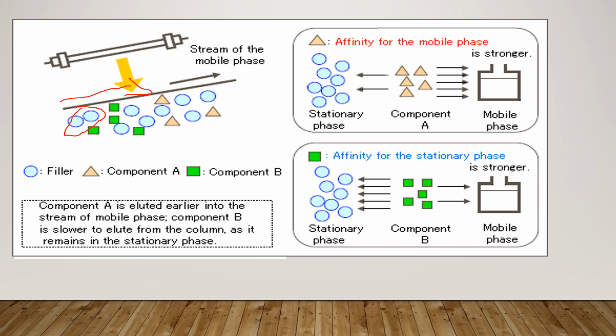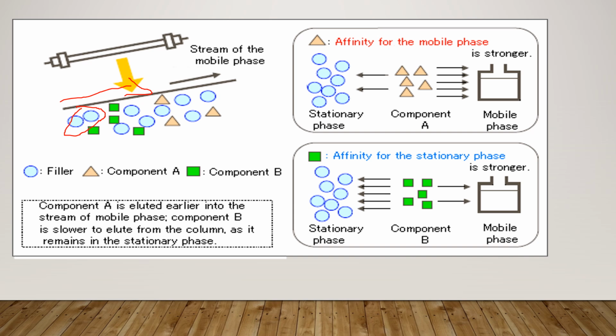So you can say that the stationary phase here is polar, but component A, because it is non-polar in nature, has more affinity towards the mobile phase, and that is why it is eluting at a faster rate as compared to component B.